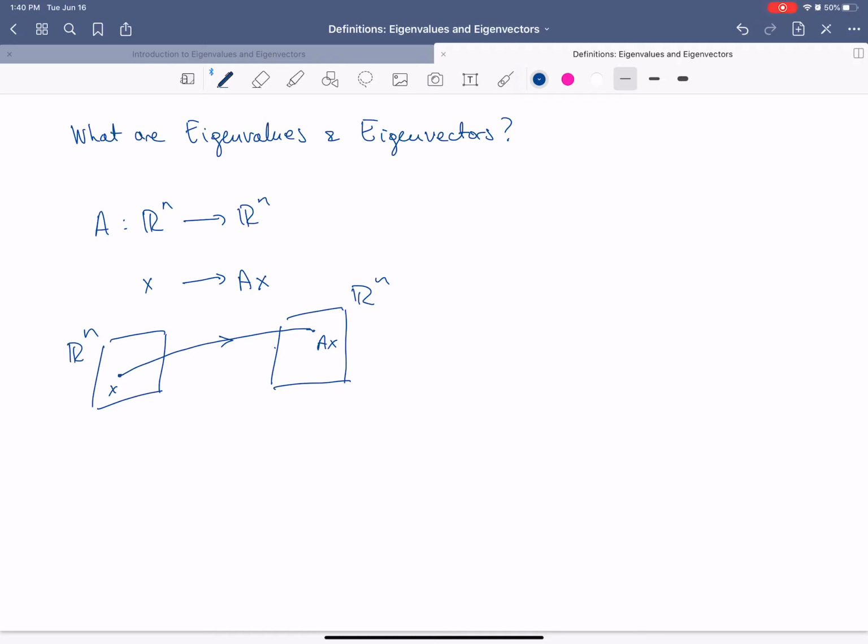Now, for every matrix there are vectors such that if you start with the vector x in Rn, when you apply the transformation Ax, all you get is a vector that may be longer, or shorter, or maybe the direction is switched, but the bottom line is it lies on the same line as x.